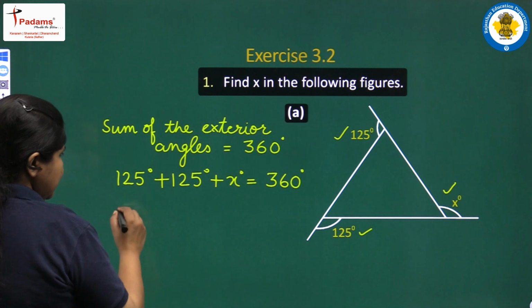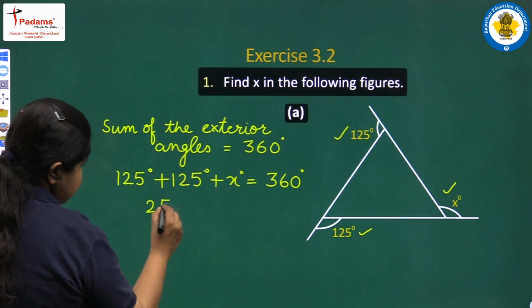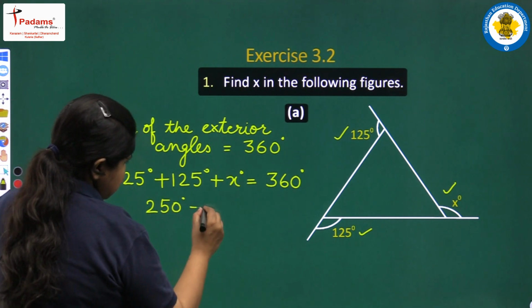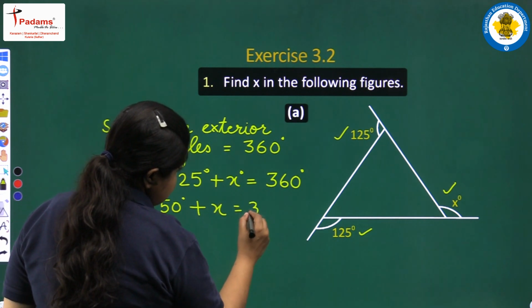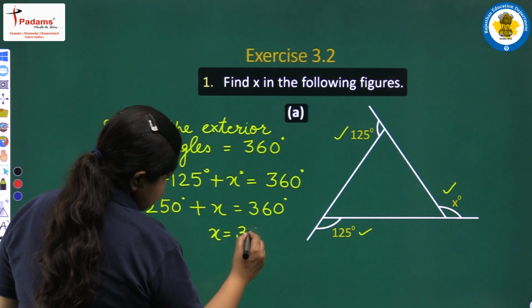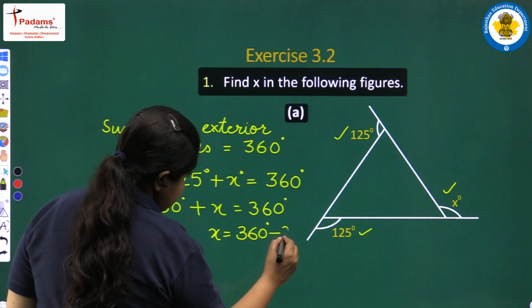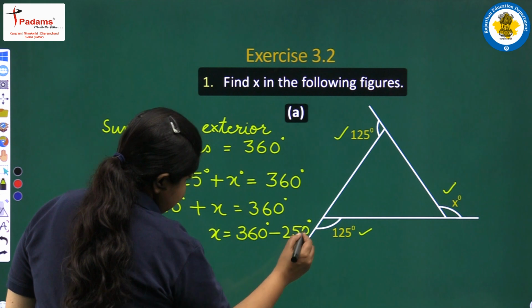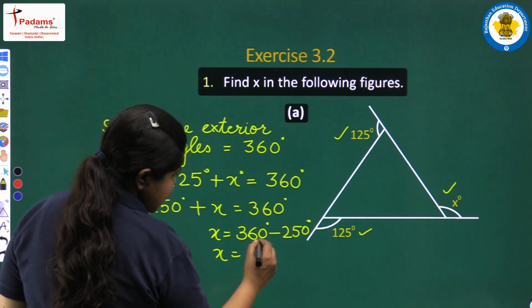Add up the two, you will get 250 degrees plus x equal to 360 degrees. This will give us x equal to 360 degrees minus 250 degrees, which is equal to how much?